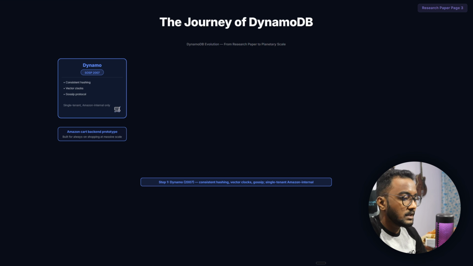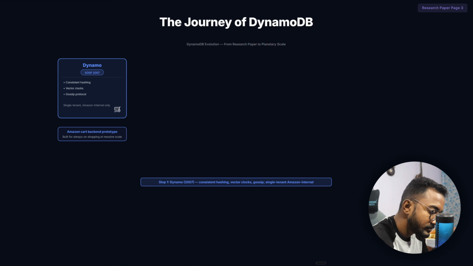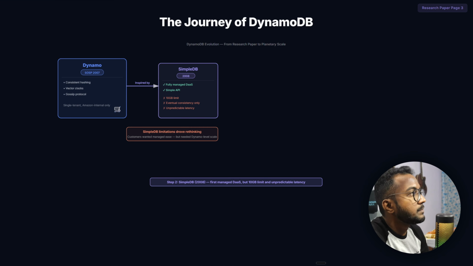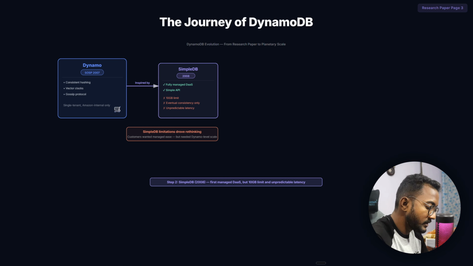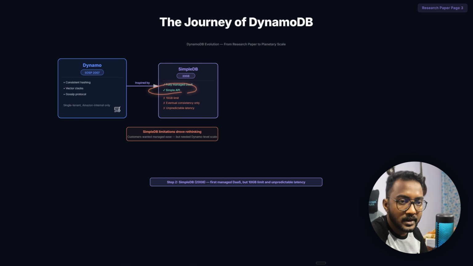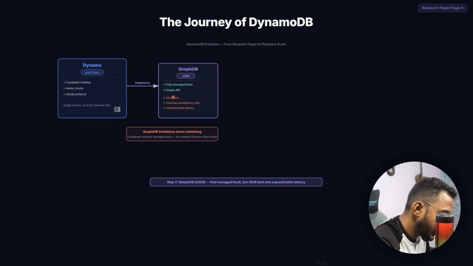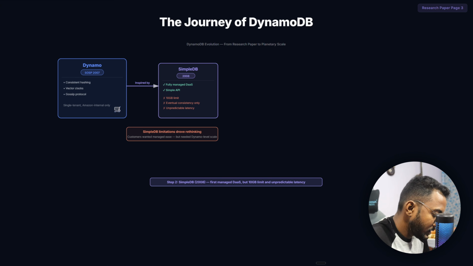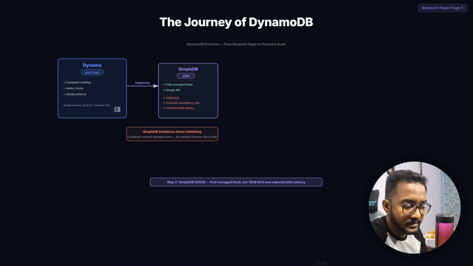Then after some time, Amazon launched SimpleDB. SimpleDB was basically a fully managed database as a service. It had very simple APIs for interaction, but again there were some limitations. It had a 10 GB limit on the max table size. It had eventual consistency only, and there was also some unpredictable latency.